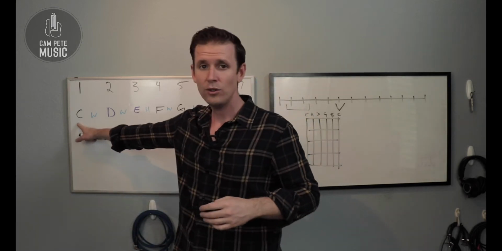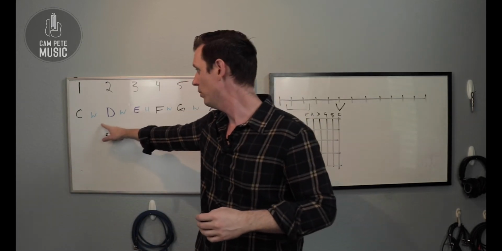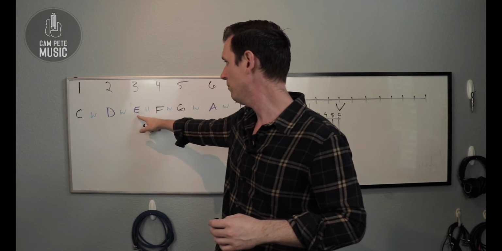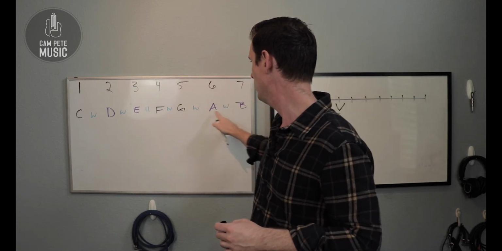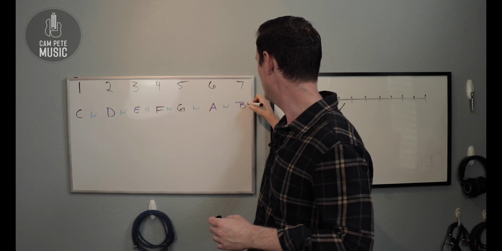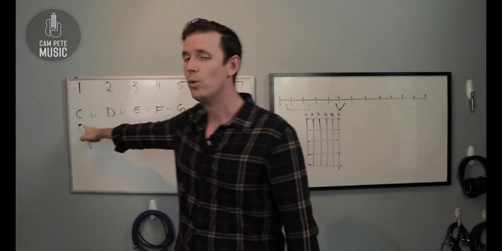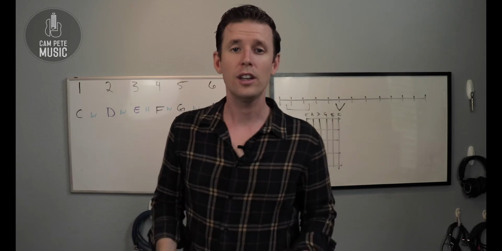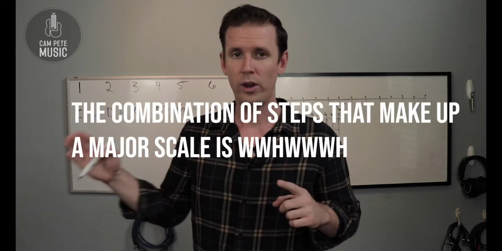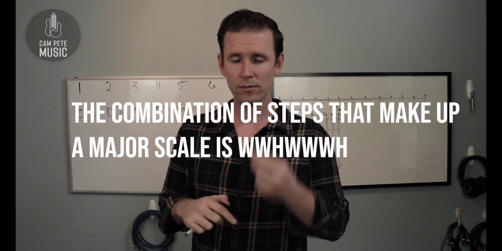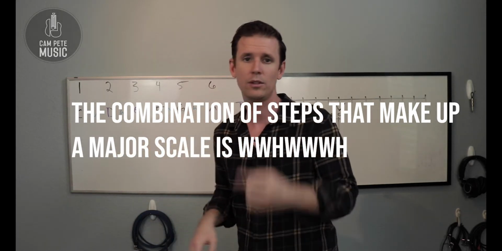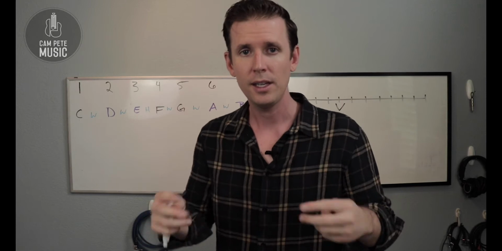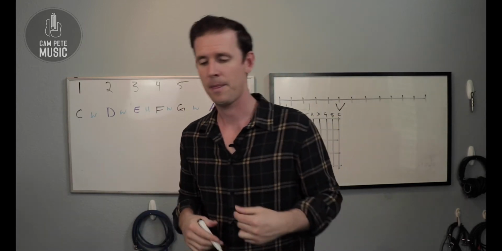So if I start on the note C and I go up one whole step, and then another whole step, then a half step, whole step, whole step, whole step, I get to my last note, and then a half step will bring me back to the note I started on, one octave above. Two whole steps, one half step. Three whole steps, one half step is the recipe for a major scale.